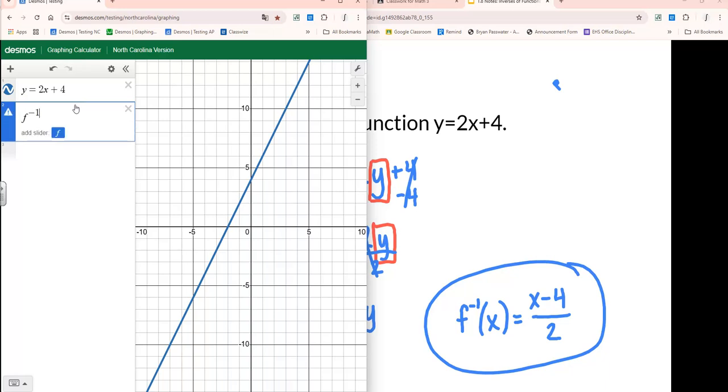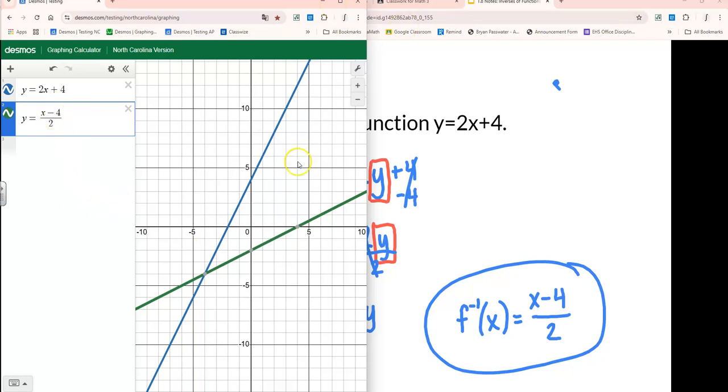So if you tell it f to the negative 1 of x equals x minus 4 over 2, you get an error right here. Desmos does not like inverse notation. So you can either just call it y right here, like the step before this, or you can call it f of x or g of x or something like that.